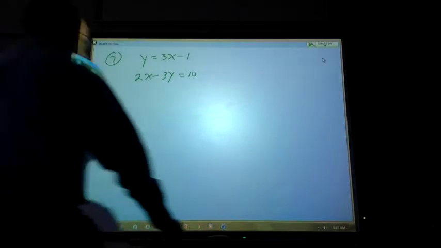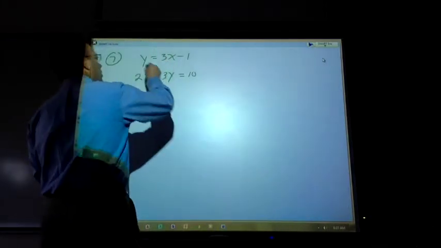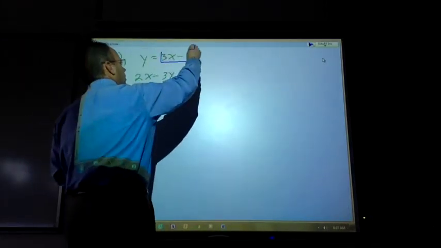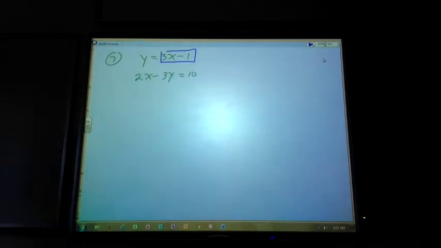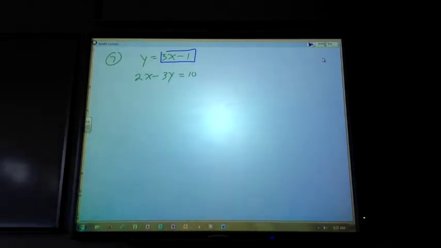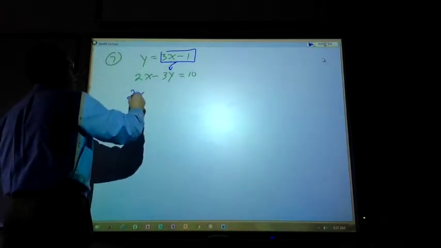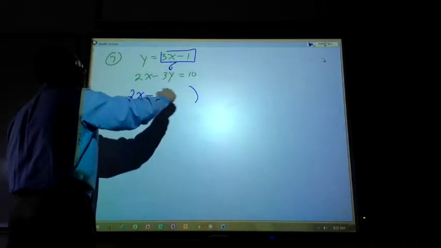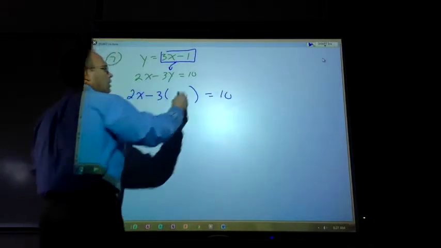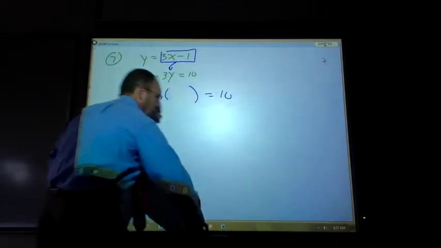So we might choose to use substitution on this problem because we know y is equal to this. So Casey, what do you feel I should do with that first equation in reference to the second equation? Substitute it in. I like it. Thank you. Very good. So this portion is going to go right here. So again, I know that 2x minus 3, there was a y there. But what's going to go in place there now, Casey?